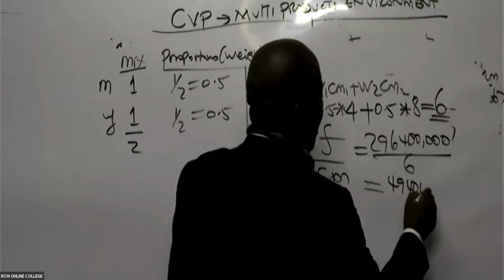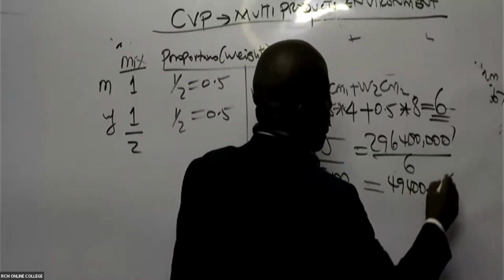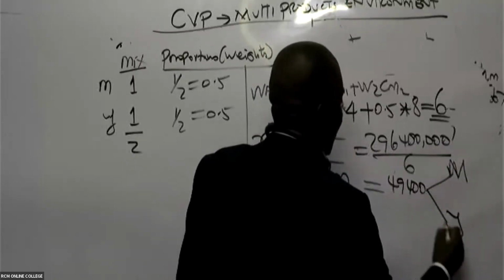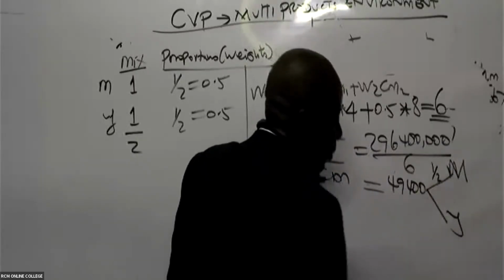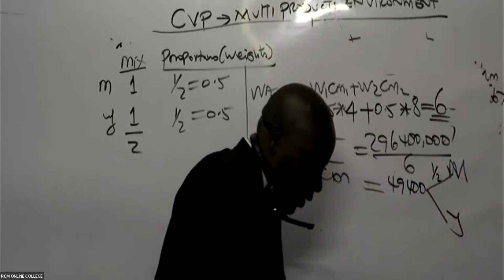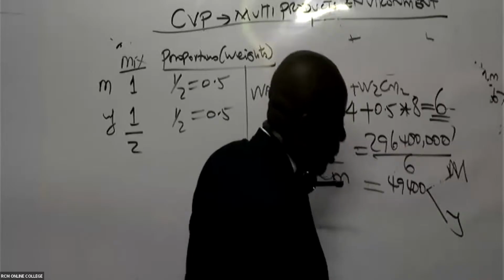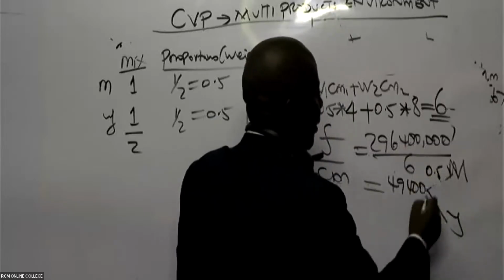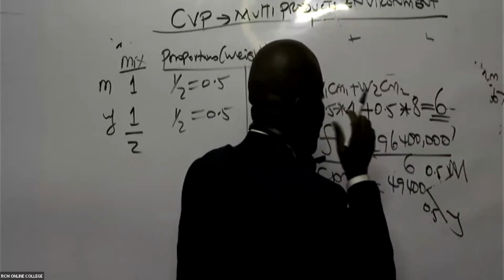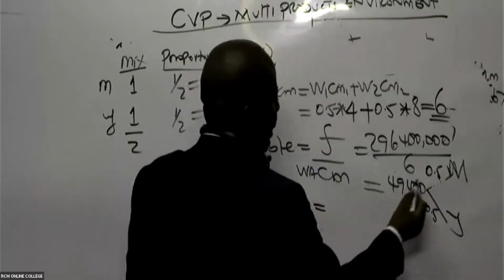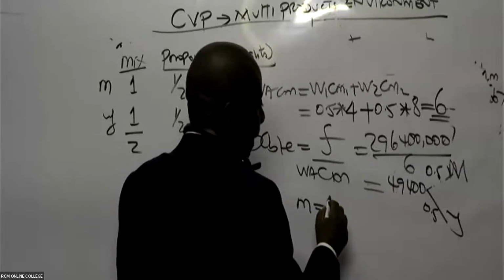Now, this 49,400 is what you split into M and Y using a half, using 0.5. So M will be 49,400 times 0.5, which gave you guys what here? 148, no.